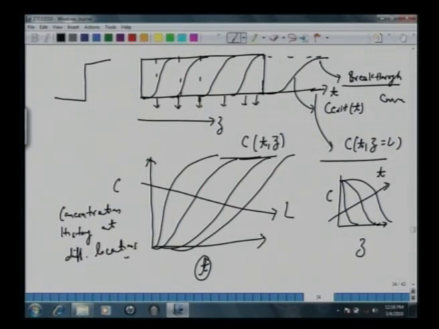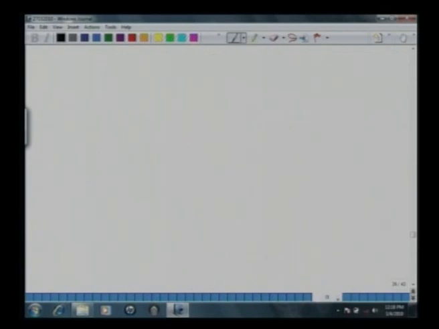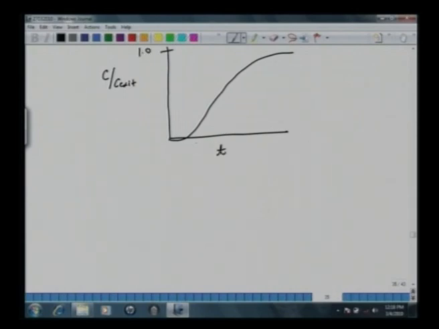Now let's come back to the exit concentrations. We are monitoring the concentration like this, C over C exit. So this is 1, and this is time here. When the bed becomes saturated, the concentration reaches the same level as the inlet, 1 here. From the practical point of view, you will like to suppress this breakthrough.